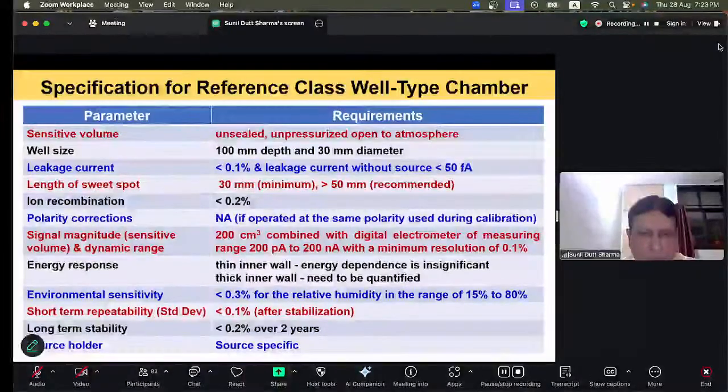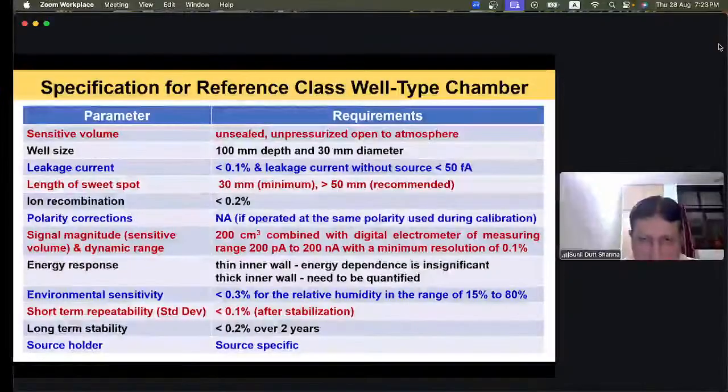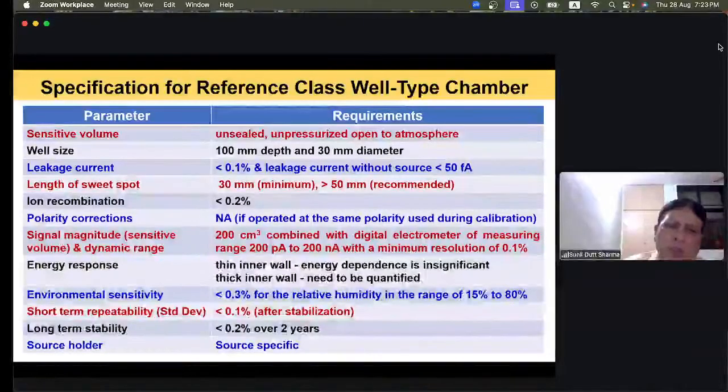Energy response of this detector shall be insignificant for a thin wall bell type chamber, but some bell type chambers are also thick wall bell type chambers, just to have energy discrimination. So if this is the case, then you need to quantify the energy response of this bell type chamber.